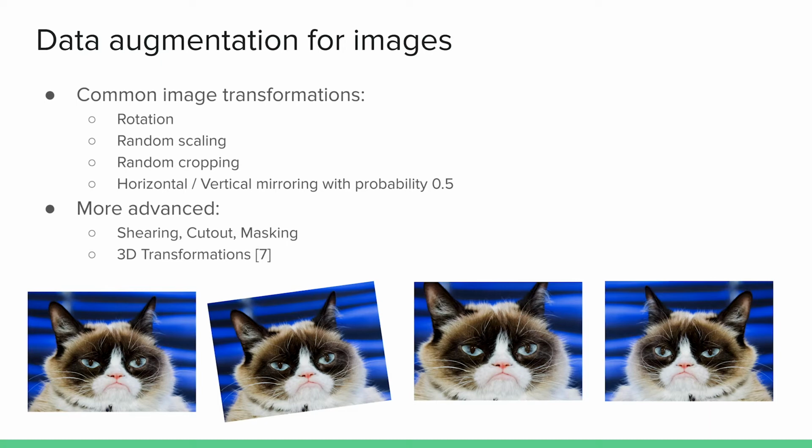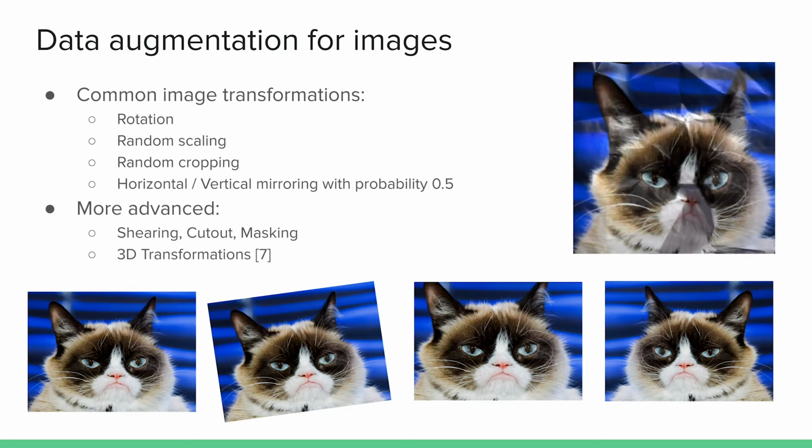You can even apply some of the more advanced augmentation techniques for images, which could be shearing, some kind of non-linear transformations, or cutouts, where you just drop certain parts of your input image, masking, a similar idea, and even some really fancy three-dimensional transformations that make your image look as if you had a physical printout of that photo, crumpled it together and then unfolded it again, which gives you something that looks like this.